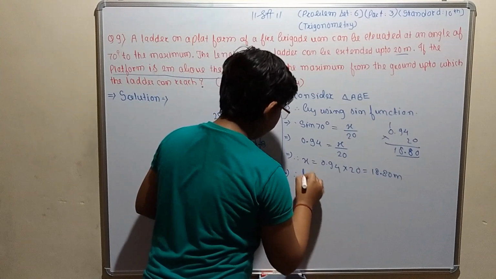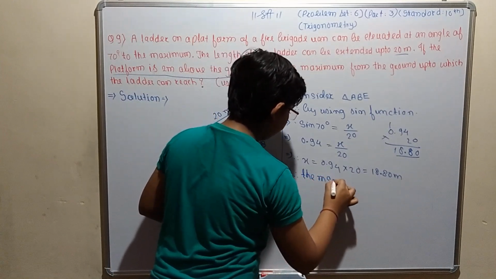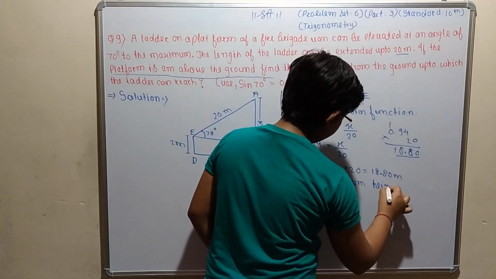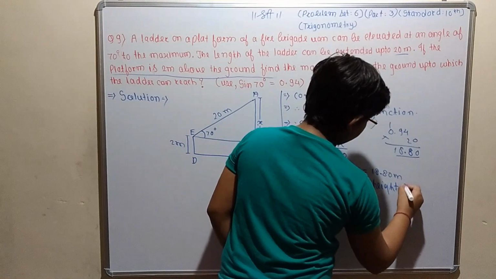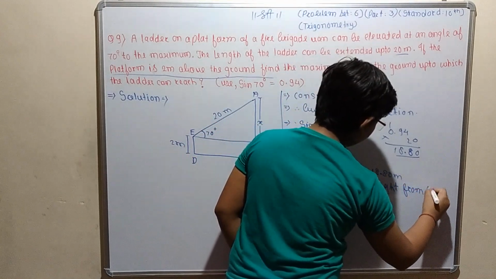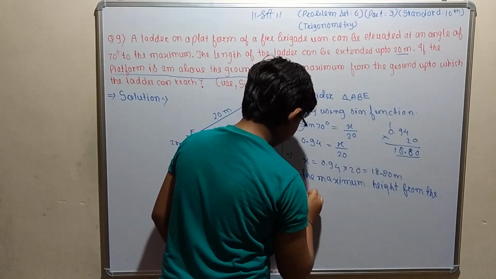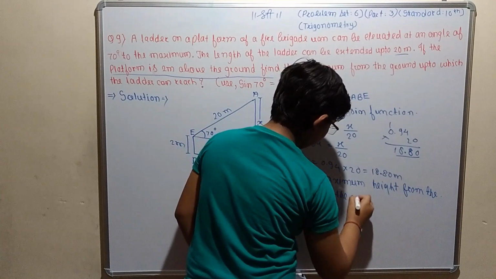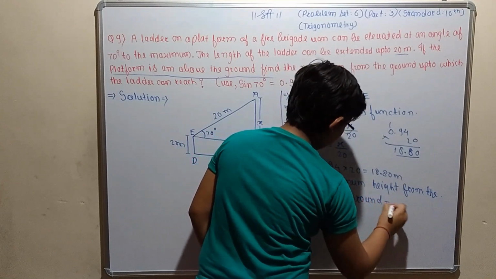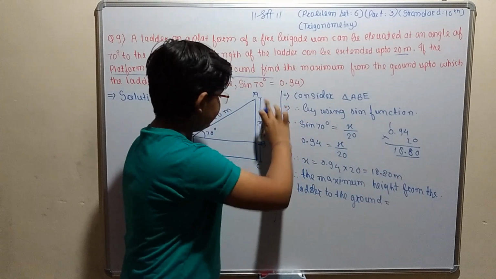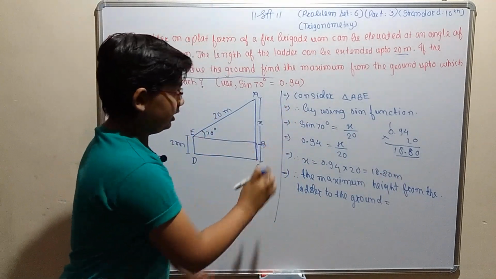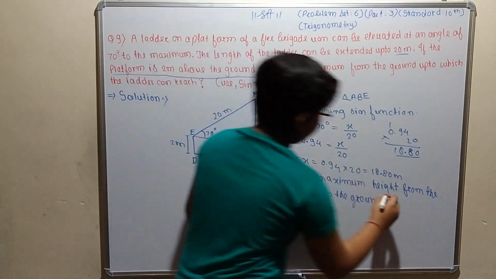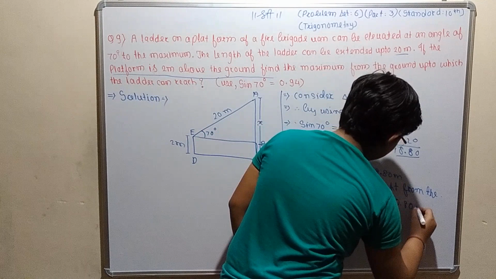So the maximum height from the ladder to the ground equals 20.80 meter.